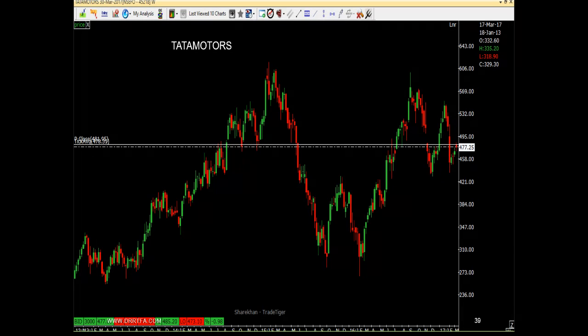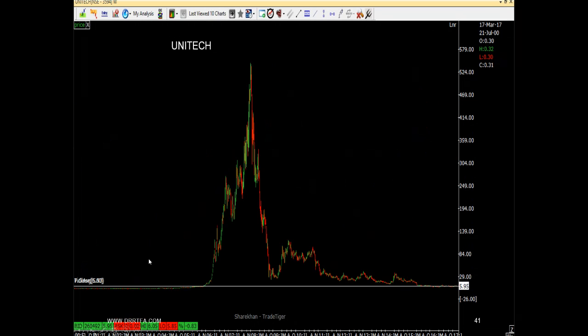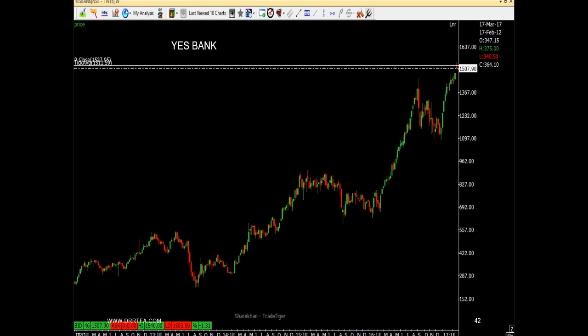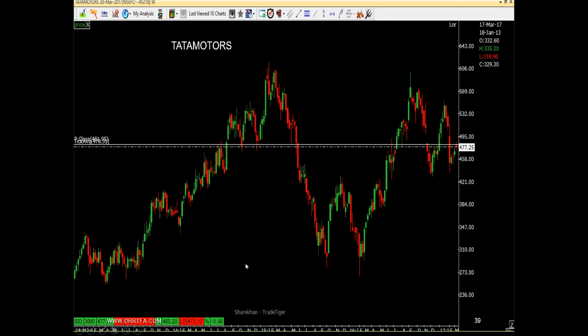See the Tata Motors. If you see the Tata Motors, it also has a very big up move. And similarly, it also has a down move. So actually the Tata Motors has this particular very strong buy zone and this particular very strong sell zone.